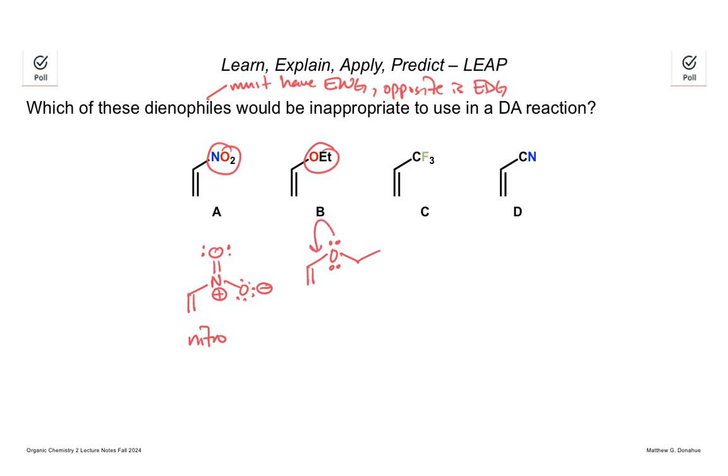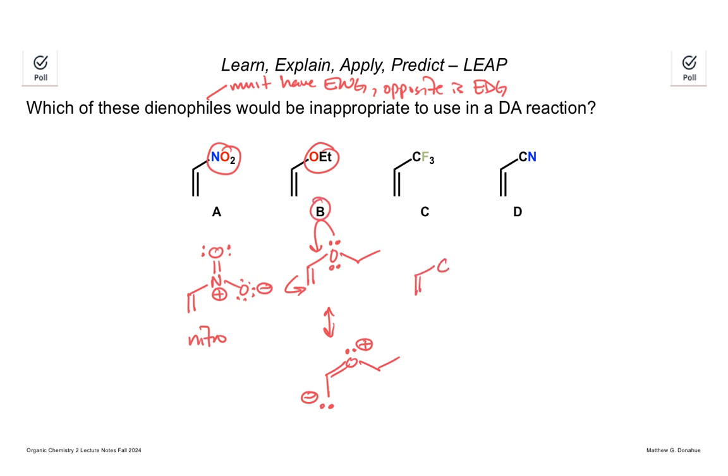So that comes down, and then the pi bond puts the electrons at the terminal carbon. So now that's negative. So that's showing a negative charge on one of the carbons that was part of the alkene. So that's an electron donating group. So the answer is going to be B, but let's talk about C.